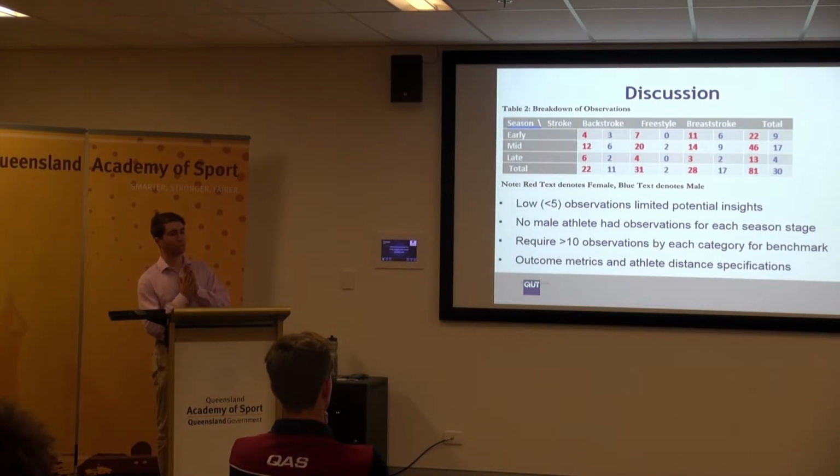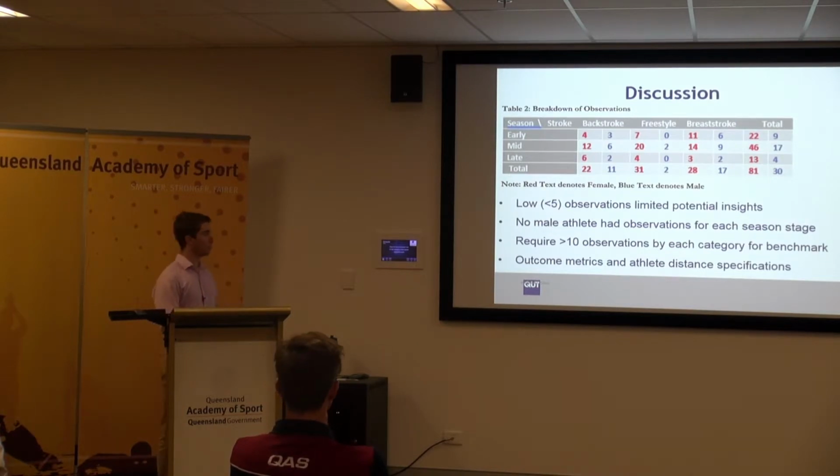And moving on to the discussion, here I've got a table of the observations by each subgroup. The blue denotes males, red denotes females. And as you can see, there were some challenges in terms of observations from these particular subgroups. Those with less than 5 were particularly challenging.